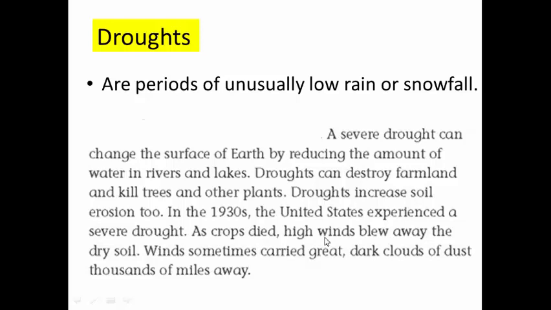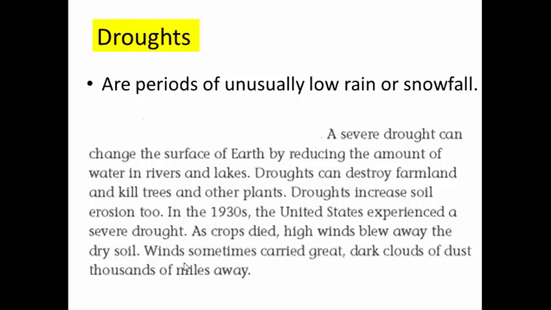And then high winds blew away the dry soil. Wind sometimes carried great dark clouds of dust. It means a huge amount of dust, carried thousands of miles away, because the winds are strong enough to carry away all of this dust and soil.